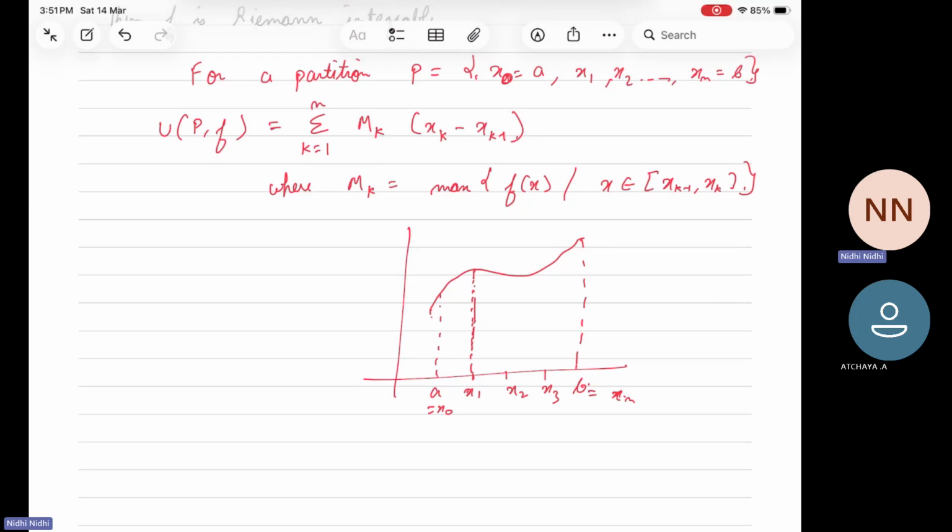In this subinterval, we can notice that the function is increasing, so the maximum value is somewhere here. We multiply this maximum value by x_1 minus x_0. That gives us the area of the rectangle that has length equal to this M_k and this breadth. So basically we are looking at the area over this subinterval. Similarly, here the maximum is somewhere here.